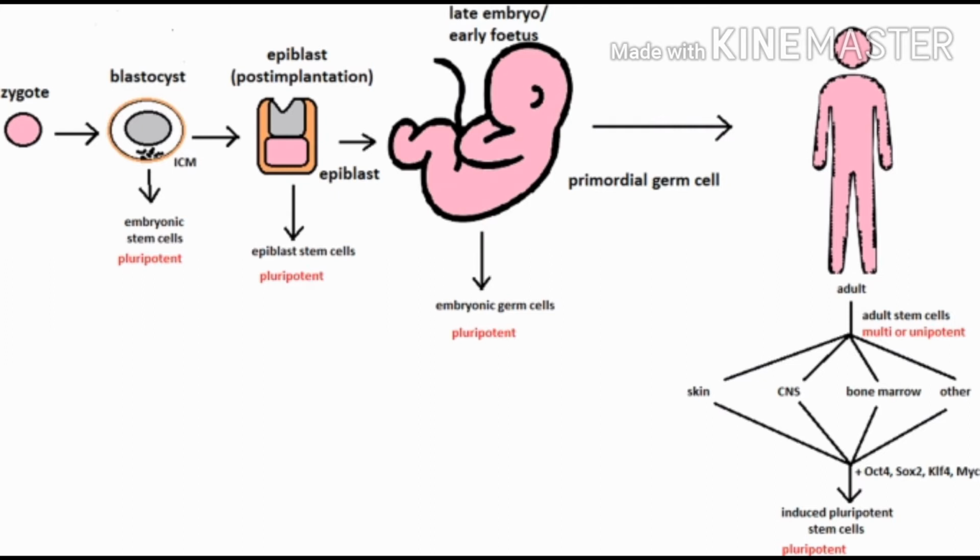Stem cells are also present in the blastocyst, which is formed in the early stage of embryonic development. Besides this, the stem cells are also present in the red bone marrow and adipose tissue of adult human being.